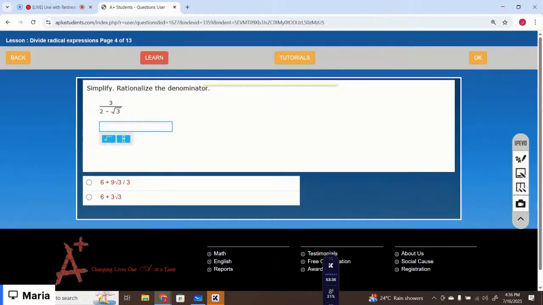So divided by 2 minus square root 3. Option number two is the correct option. That is 6 plus 3 square root 3. Option number two is the correct option.